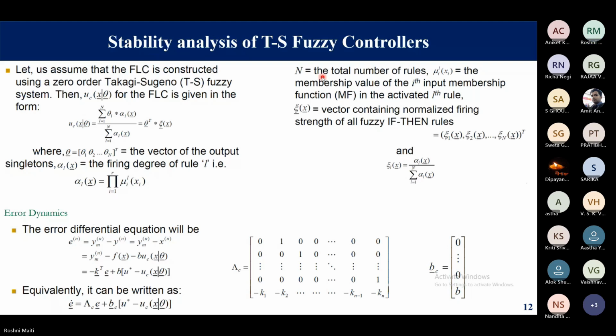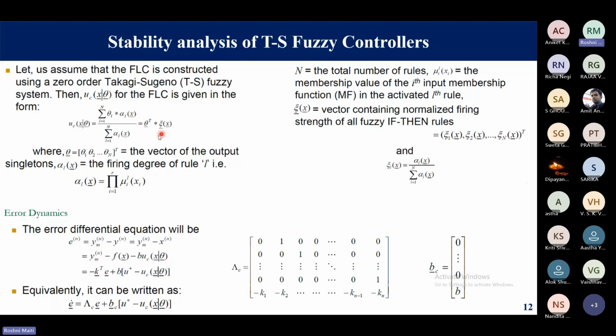The zeta value is equal to this alpha divided by the summation of the total alpha. So this is the ultimate fuzzy logic controller, theta into zeta.